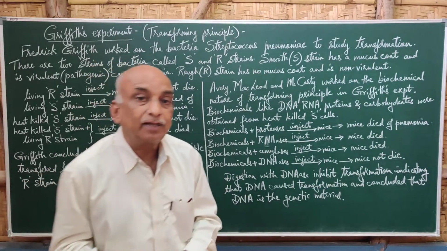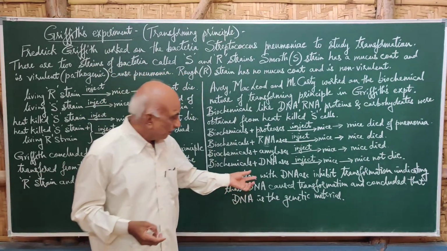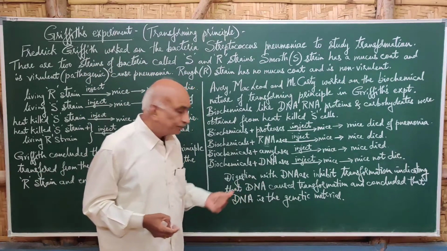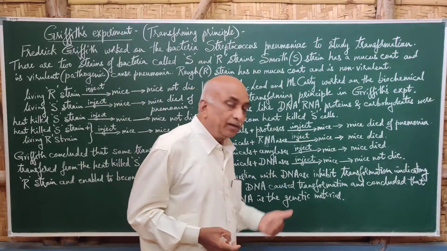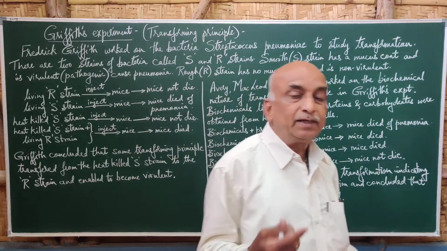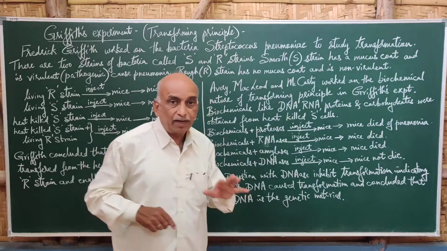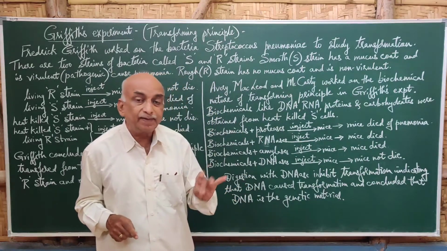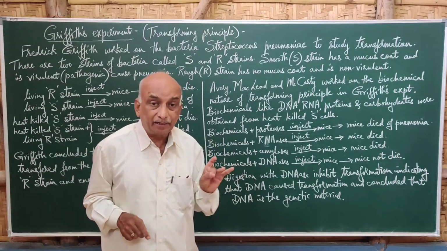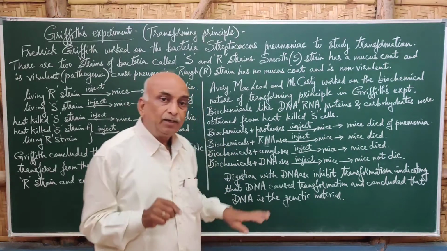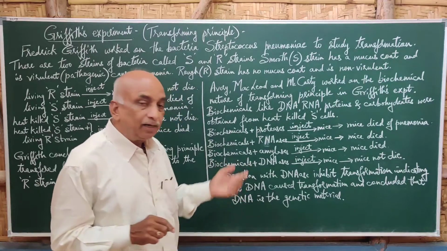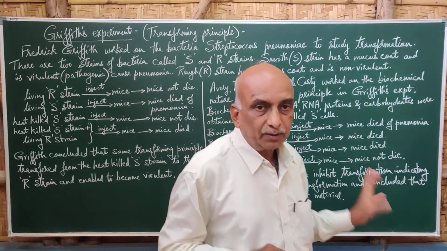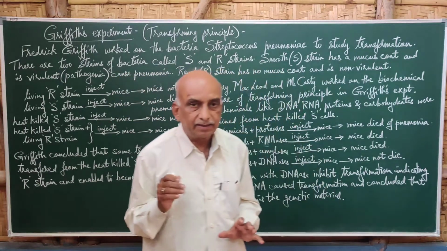This indicates that the DNA caused the transformation, not the carbohydrates, not the RNA, and not the proteins. So the DNA is the transforming principle, and hence it was concluded that DNA is the genetic material.